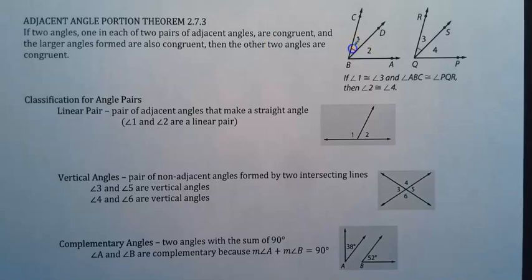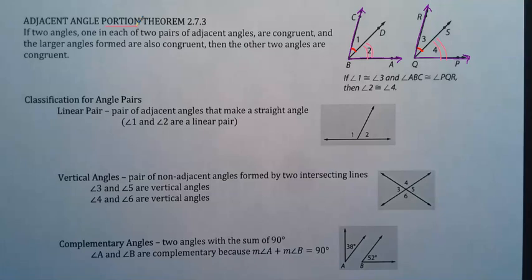If angle 1 and angle 3 are congruent, and angle ABC is congruent to the other larger angle, PQR, then angle 2 is congruent to angle 4. So if a portion is congruent and the big angles are congruent, then the other one is too.